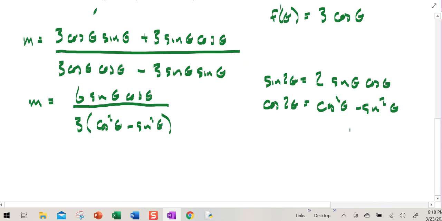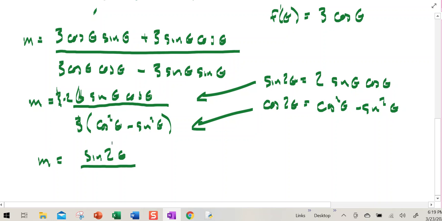Those are 2 trig identities. We're going to substitute this one in the numerator and this one in the denominator. Now, we have a 6 here. So think of that as 3 times 2. I can cancel out those 3's, and I'm left with 2 sine theta cosine theta. So I can substitute in for that sine of 2 theta.